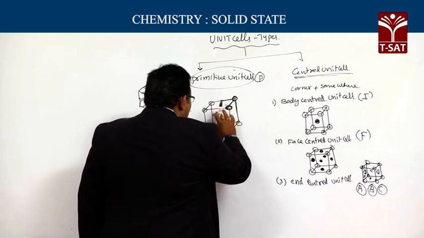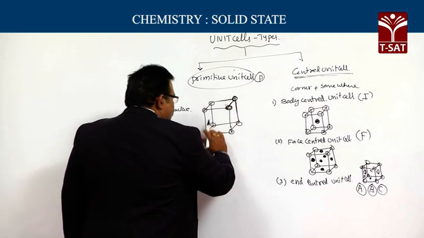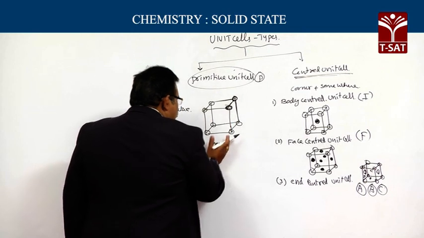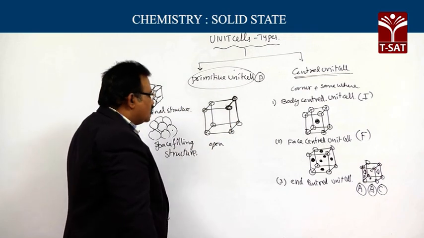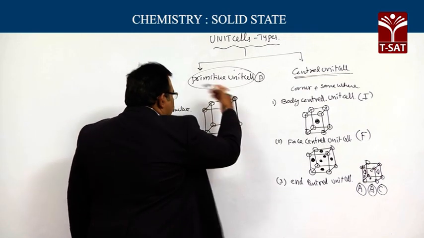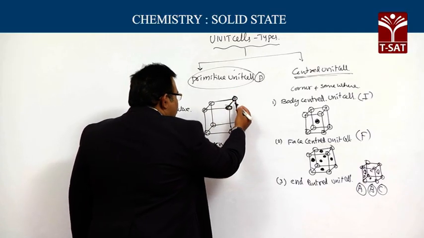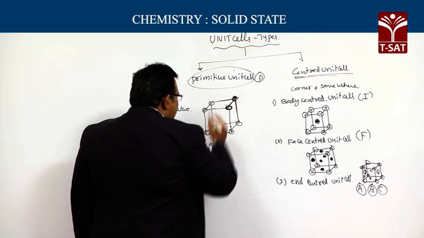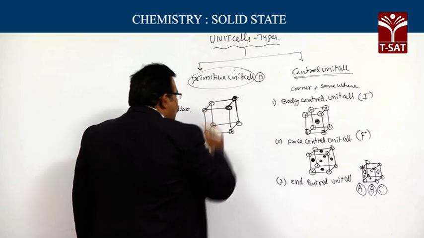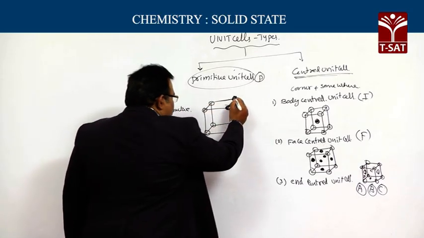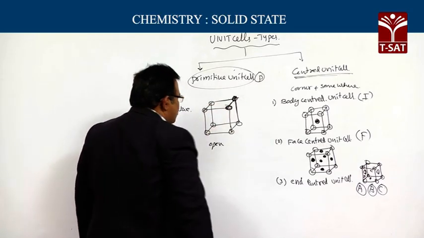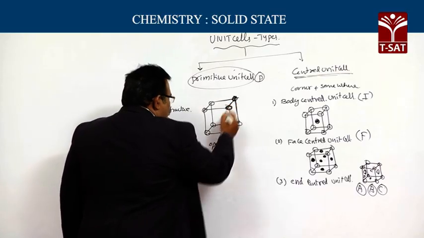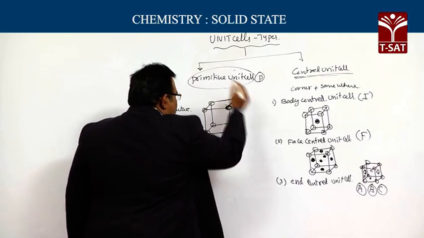Similarly, if we assume the 3-dimensional, in this direction, in this direction, in this direction, 3 more unit cells are added, and then from back direction fourth unit cell are added. Totally this cornered sphere is being shared by 8 unit cells. So, the contribution of this sphere per unit cell is 1 by 8.